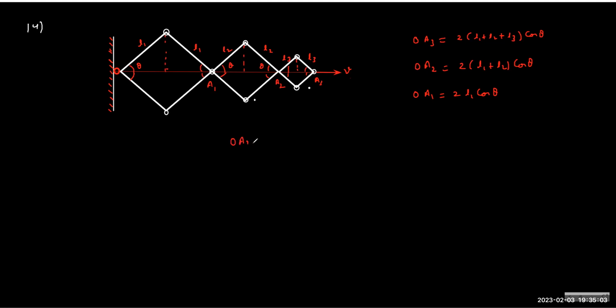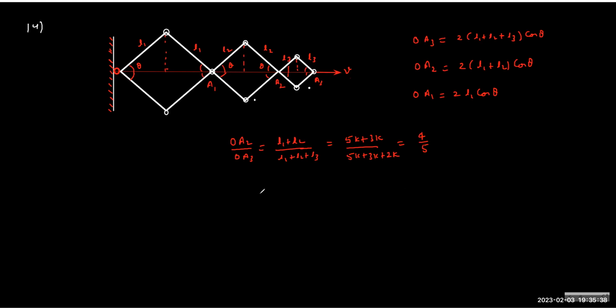So OA2 upon OA3, if you take the ratio, what will you get? 1 plus 2, 1 plus 2 plus 3, right? And the ratio we can convert into values as, let's say, k. So (5k plus 3k) upon (5k plus 3k plus 2k), because it's a ratio, so you can add. And this turns out to be how much? 8 by 10?